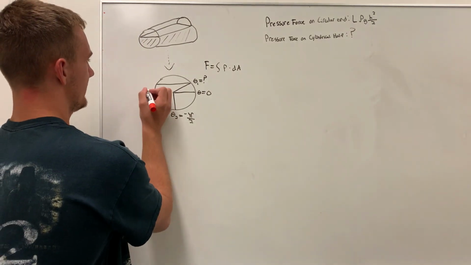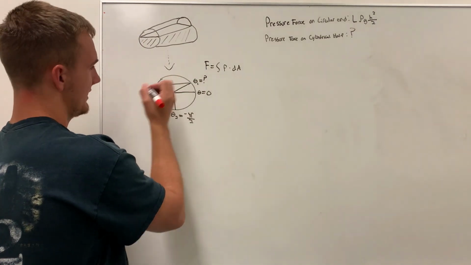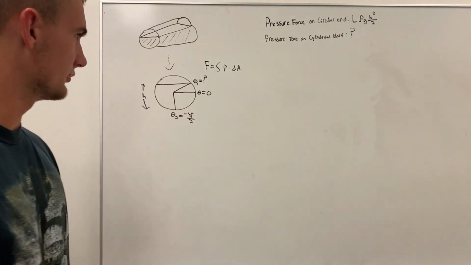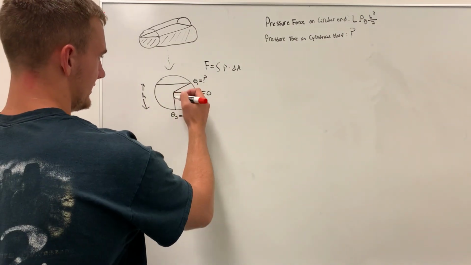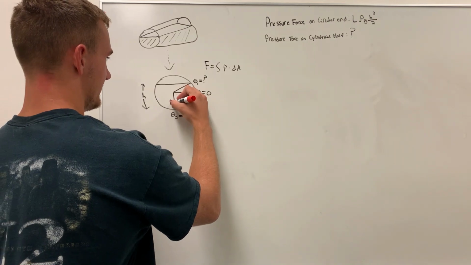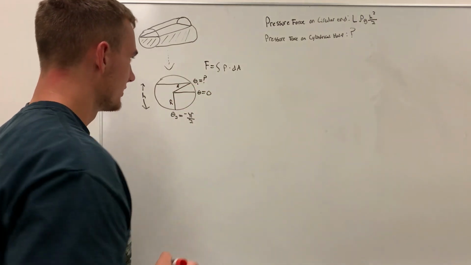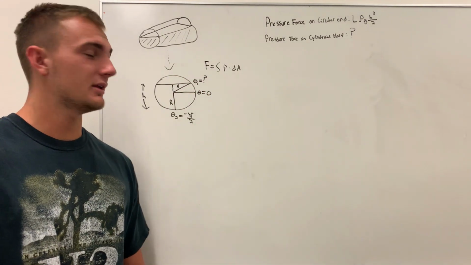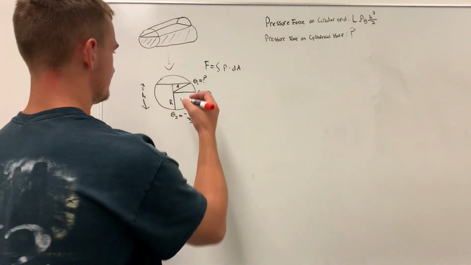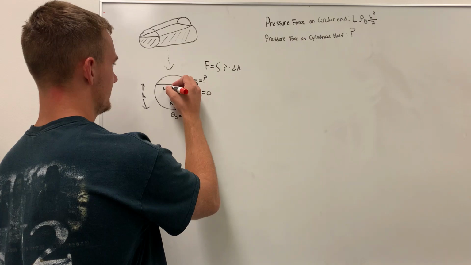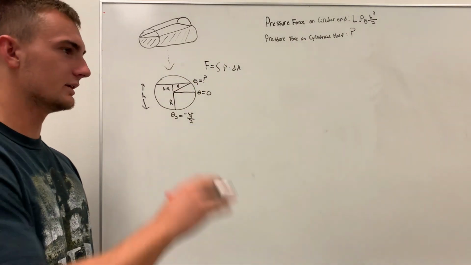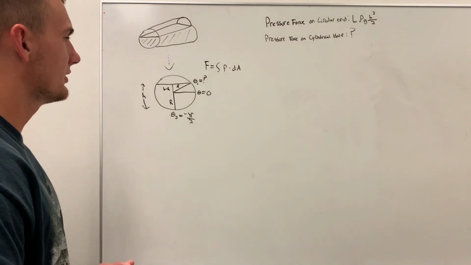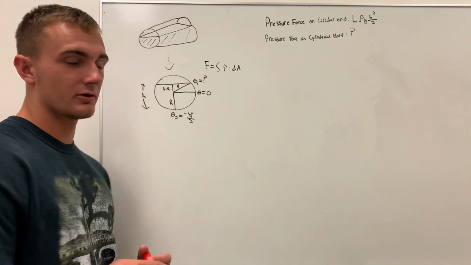Well, since this line at the top here is the height of the fluid, this is H. We know that this is our radius, so we'll call this R. That dotted line that I just made is H minus R. So this is the height of the fluid minus the radius of the circle that we've drawn here for the barrel. So now we can express our theta 1.